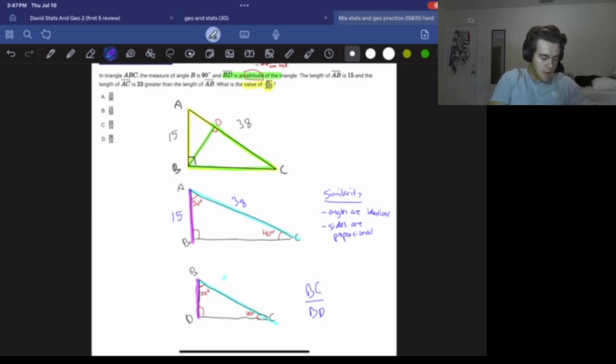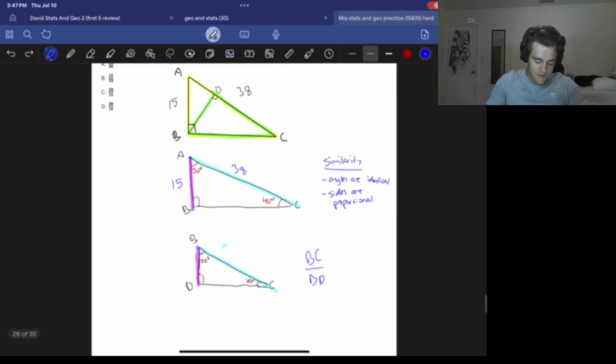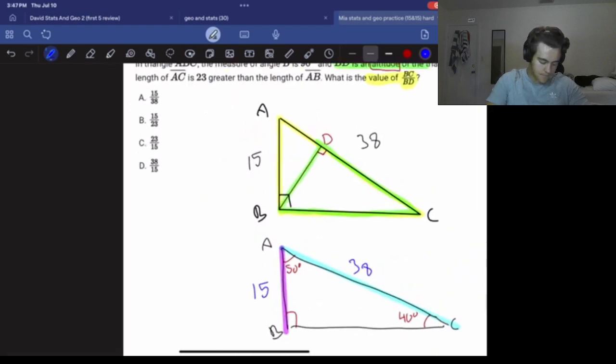Because the hypotenuse corresponds with the hypotenuse, and the left leg corresponds with the left leg. So we know those two are going to be the same. So if BC over BD equals AC over AB, well, that's just going to be equal to 38 over 15. And that's our final answer.